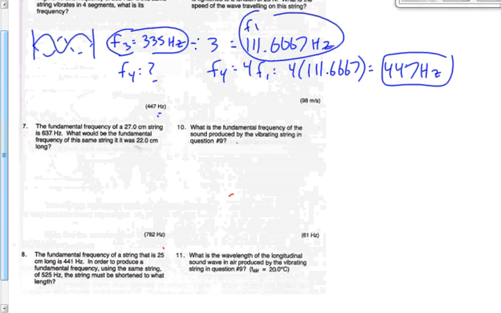Now, that begs the question. We talked earlier in this unit, said once a sound has been made or once a wave has been made, frequency doesn't change, right? Speed can change, but frequency doesn't change. Now we're saying speed stays the same, but frequency changes? Yeah, we are saying that, but it's a different scenario. Okay, we were saying frequency remains the same once a wave has been made.